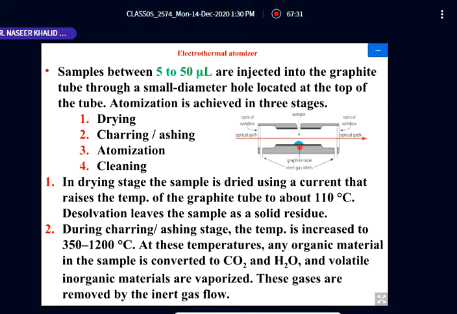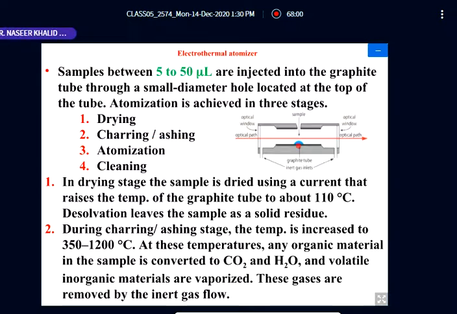It will be charred in the second stage, the charring stage, at an elevated temperature compared to the drying one. Organic matter decomposes into carbon dioxide, for example, nitrogen into nitrogen oxide, carbon into carbon dioxide, and metal into metal oxide.